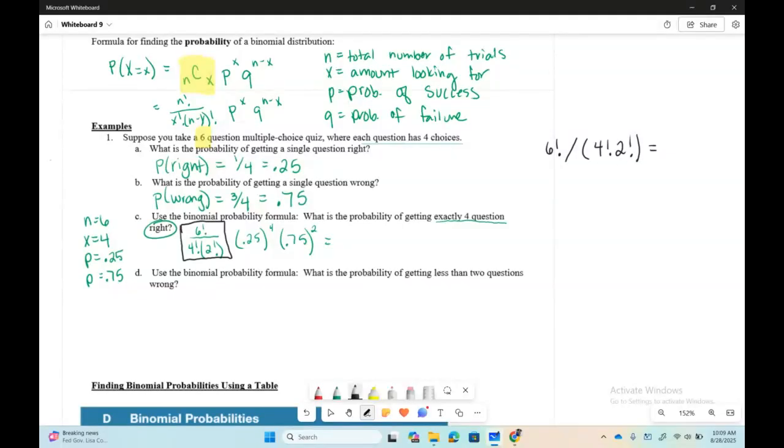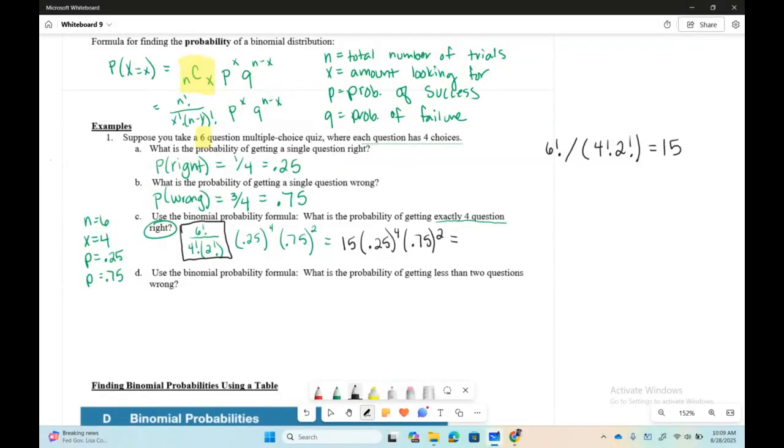Let's see what we get here. I got 15. So this is going to look like 15 times 0.25 to the 4th times 0.75 to the 2nd.